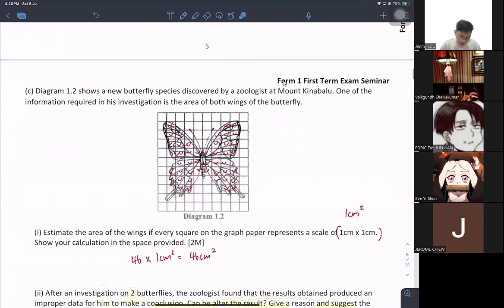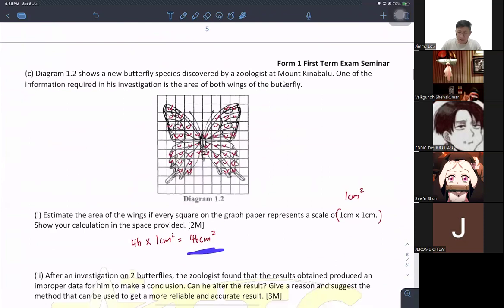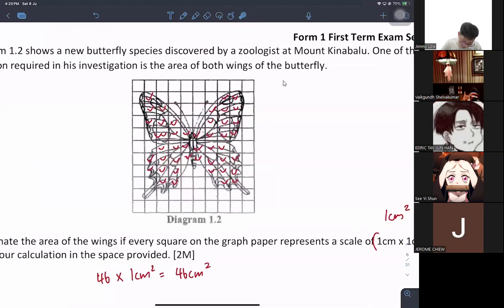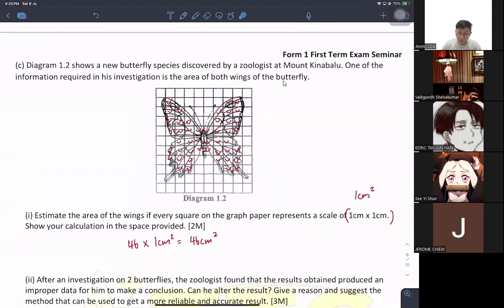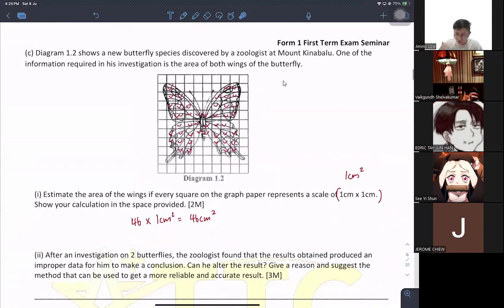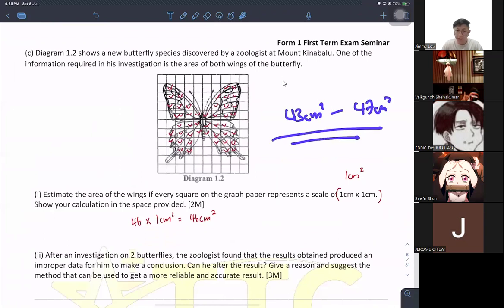Then C, this one we have tolerance on the answer. As you can see in the notes, the answer should be 44 cm squared, but based on what I can calculate here it is like 46 cm squared. It depends on the tolerance of the answer. Your teacher may have a range, maybe 43 cm squared to 47 cm squared, and the answer will be accepted.